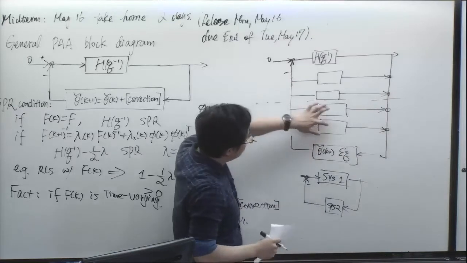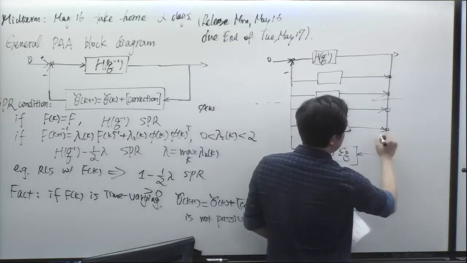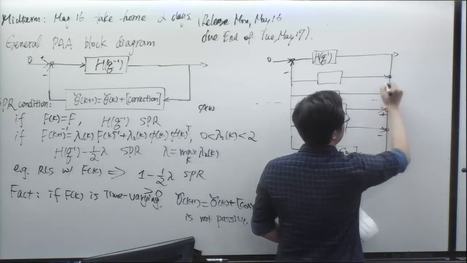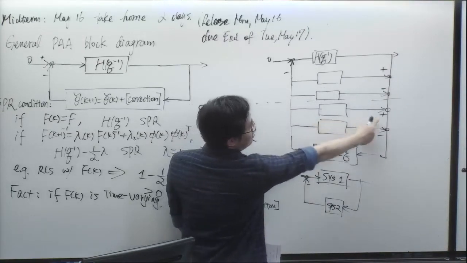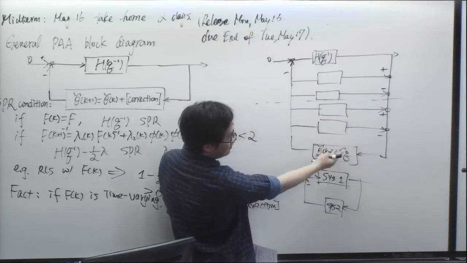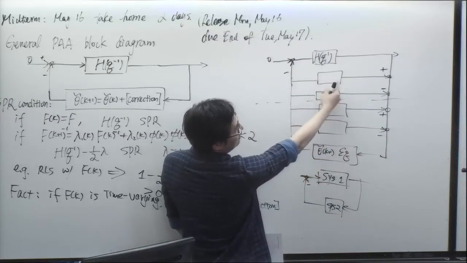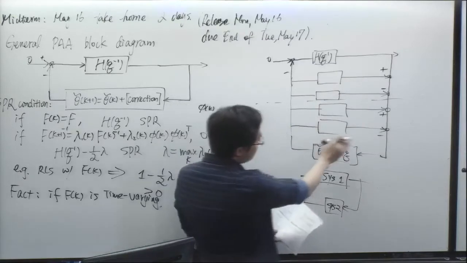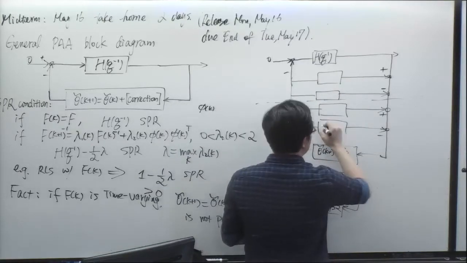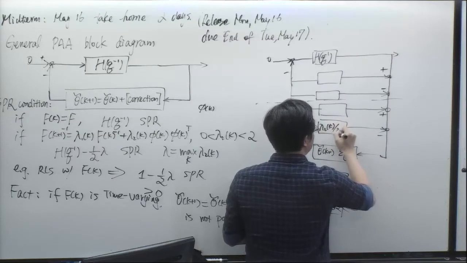So I'm going to make this negative, this is plus, this is negative, this is plus. I'm going to add and subtract this block in the lower bottom over here, and add and subtract another block in the top part over here. The lower part, I'm going to add and subtract lambda 2k over 2.